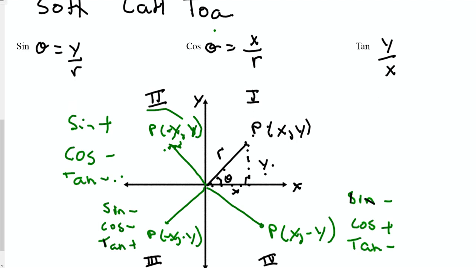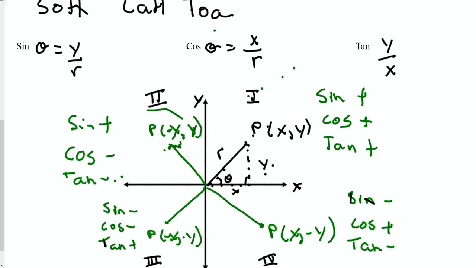So when you look at these, there's a little acronym that you could use to remember this. In quadrant 1, everything is positive, okay? Sine, cosine, and tangent are all positive. Quadrant 2, sine's positive. Quadrant 3, tangent, and in quadrant 4, it's cosine.